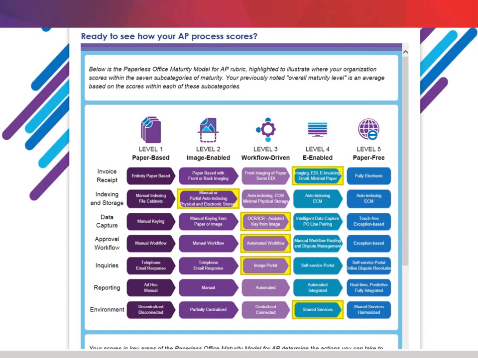So not only do you get a high-level view, but you get to see which dimensions might be holding your organization back from moving closer toward a paper-free environment. But wait, there's more.